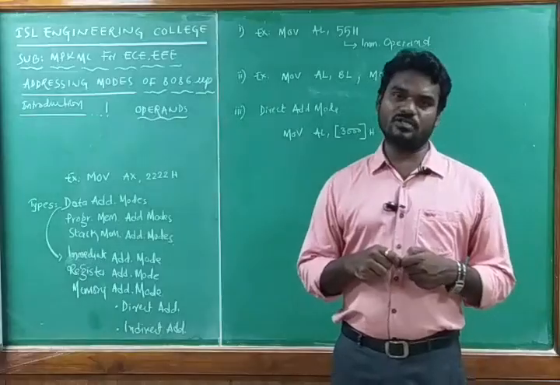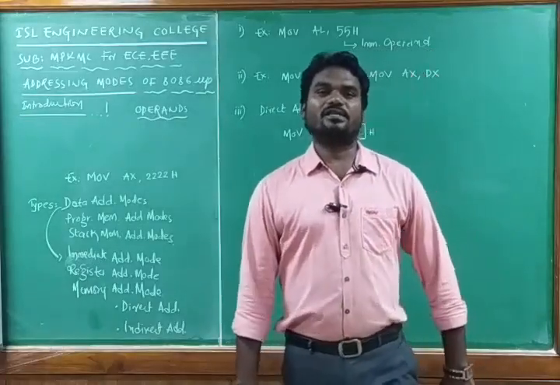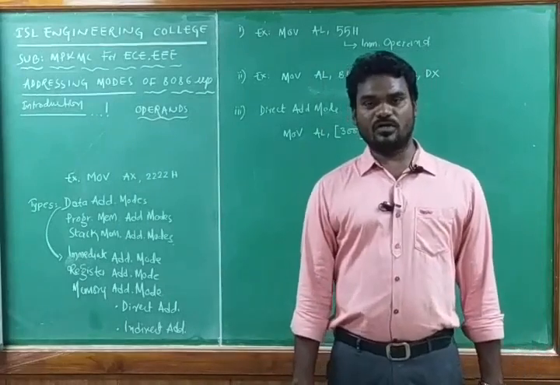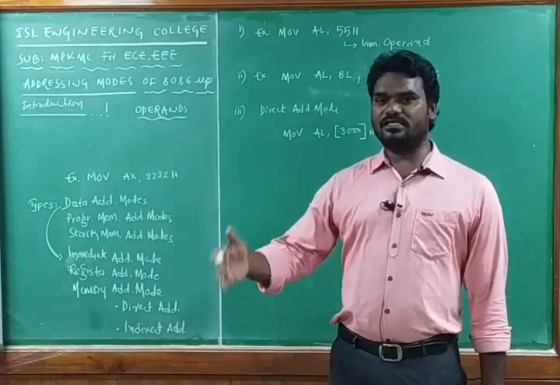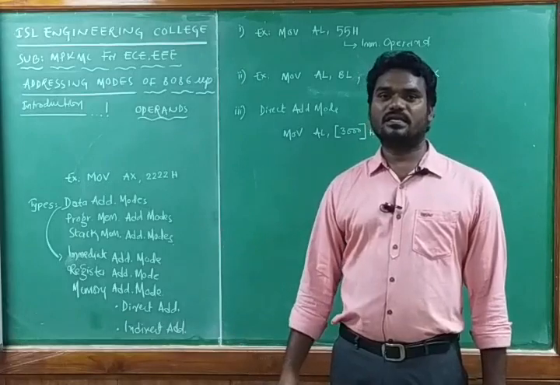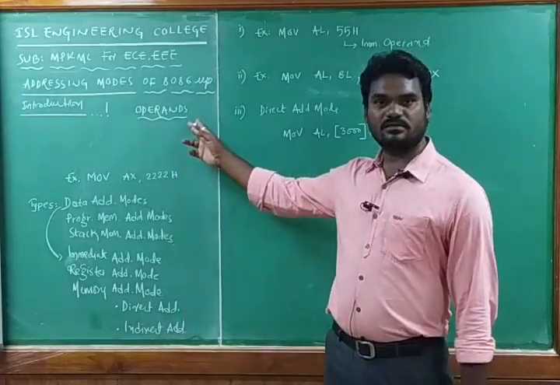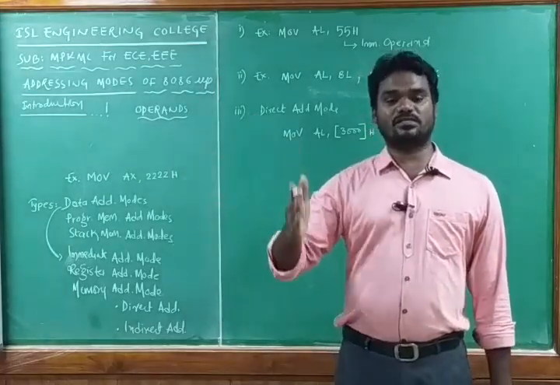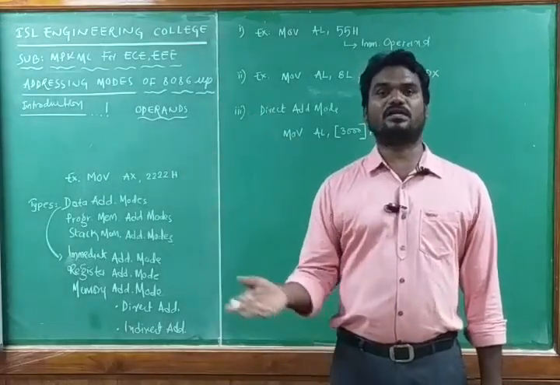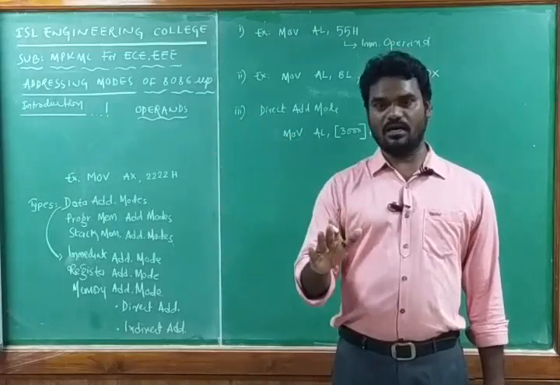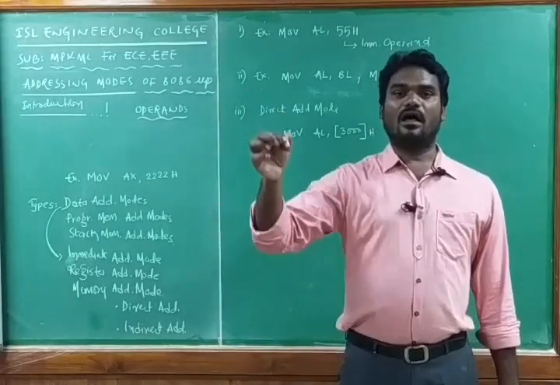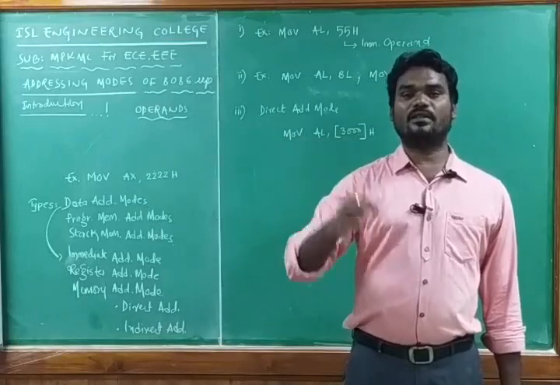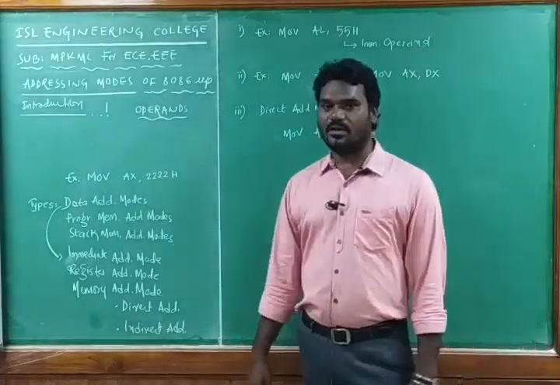We know that 8086 microprocessor has 14 16-bit registers internally, so these registers can have operands. Operand is nothing but data on which instructions are going to operate.